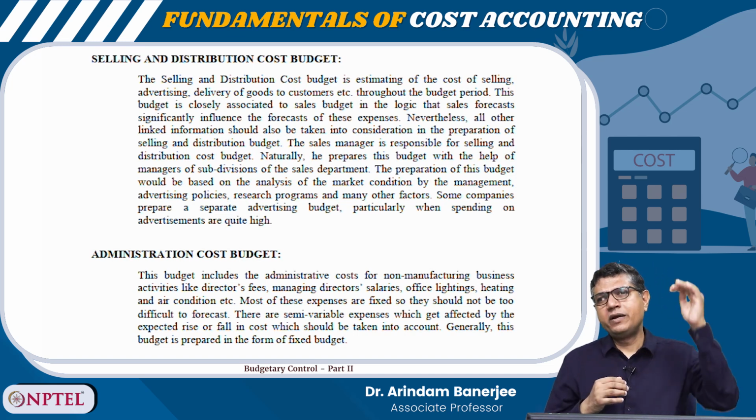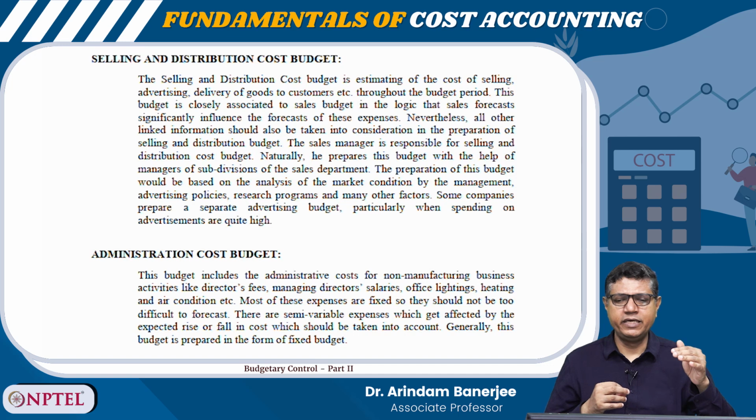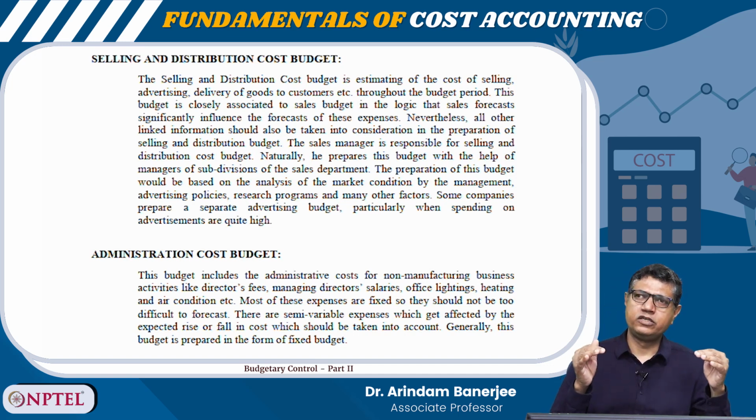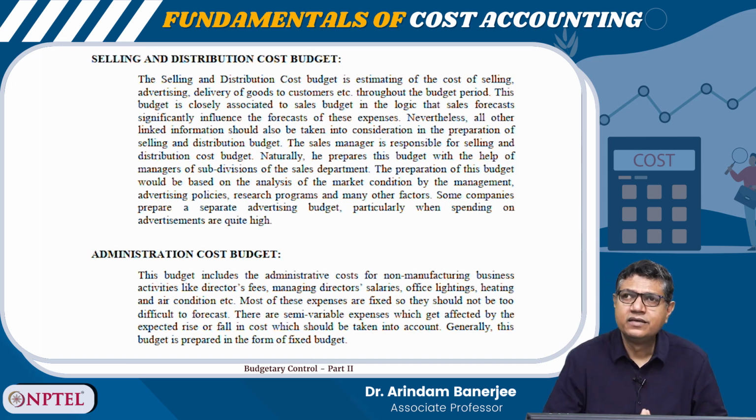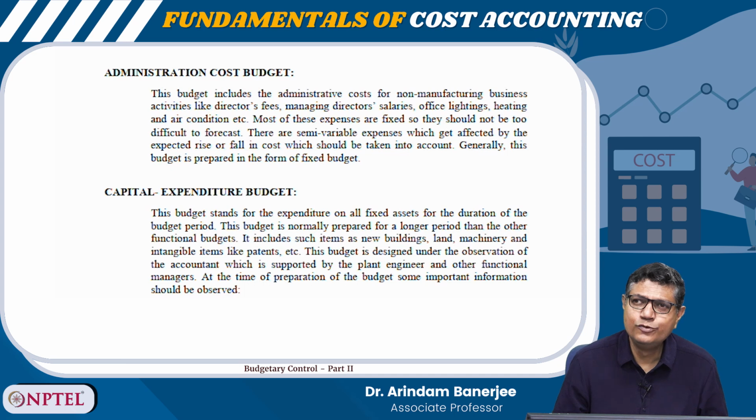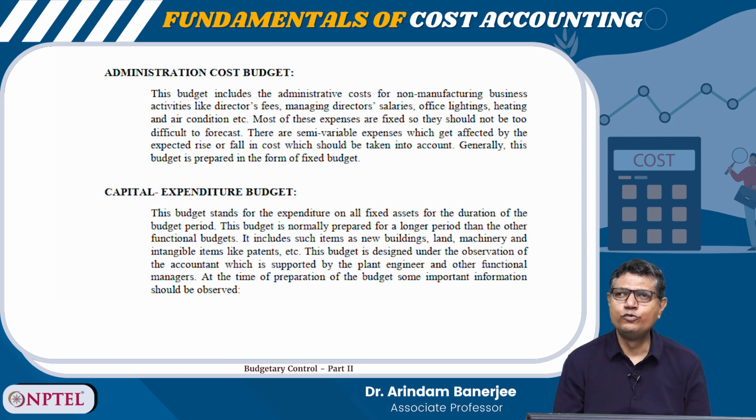Now you prepared the sales budget and the production budget. Under the production budget you prepared the material budget, labor budget, and overhead budget. Then you prepared the selling and distribution cost budget. Then to run all these things you prepared the administrative cost budget, and then you found that you are under capacity. Under capacity means you have two options.